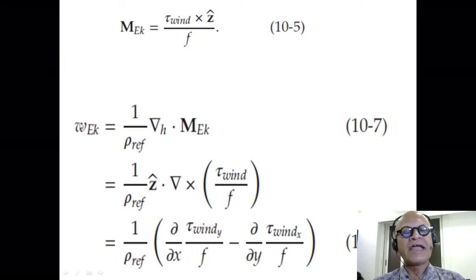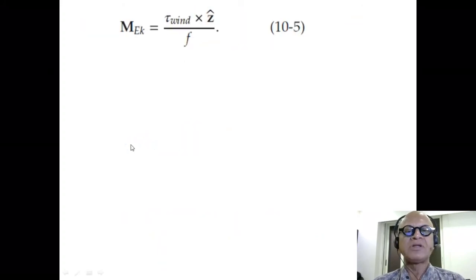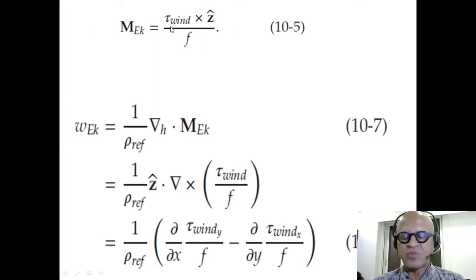So in that case, Ekman pumping or suction just becomes 1 over rho f, z hat dot the curl of tau wind over f. Okay, very simple manipulation. We took the equations and replaced these terms with the Ekman transport term.